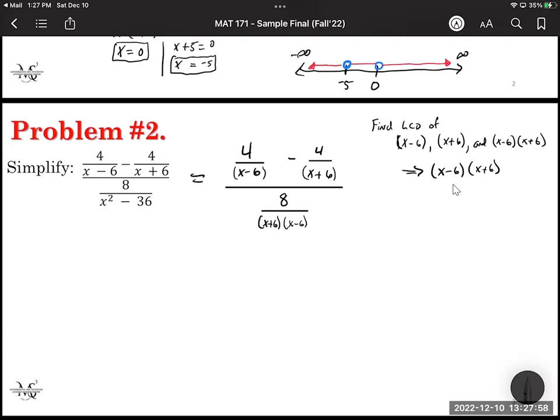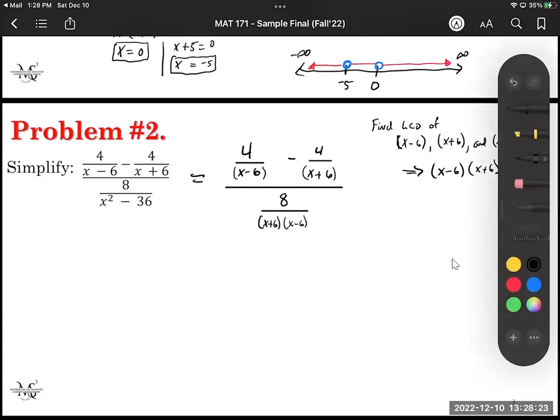All right. Now, just remember, whatever I do on one side of the fraction, I have to do on the other side. Namely, if I multiply our LCD in the denominator, then I multiply the LCD in the numerator. When I multiply everything by the LCD, I'm multiplying the individual fractions by our LCD.